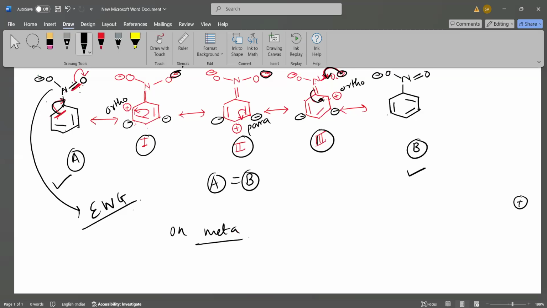Can I just draw this, ma'am? Yeah, you can. And once you have done, let me know. We will go back to the electron donating and withdrawing groups. You can note down at least about it. Yes, ma'am.